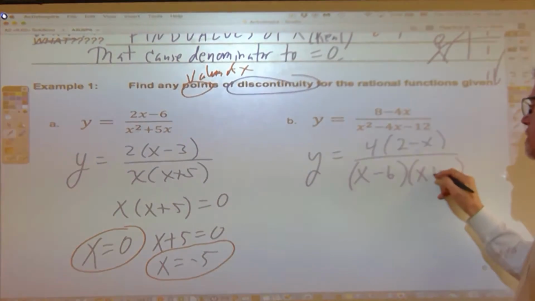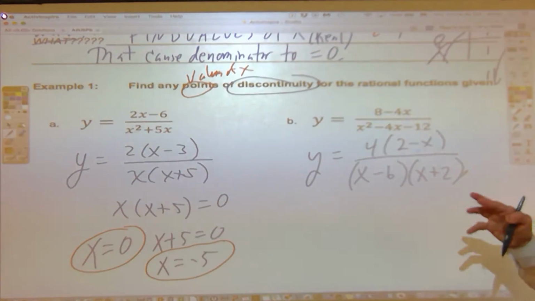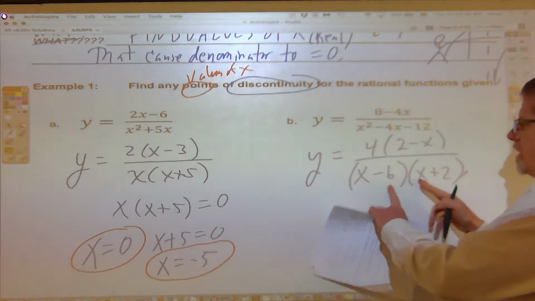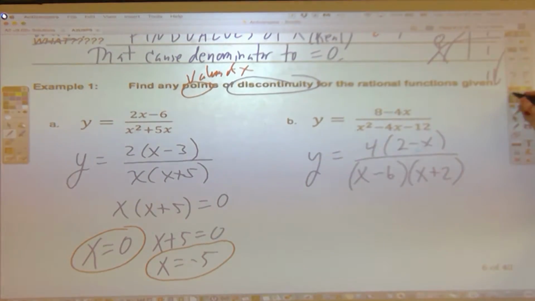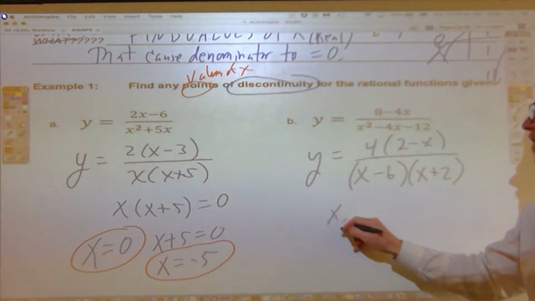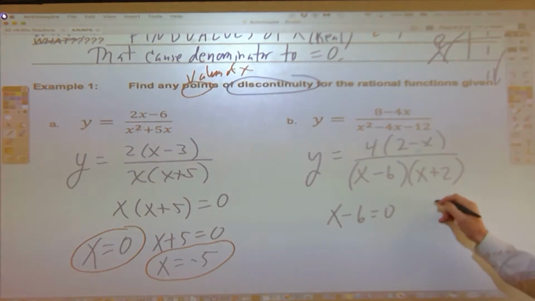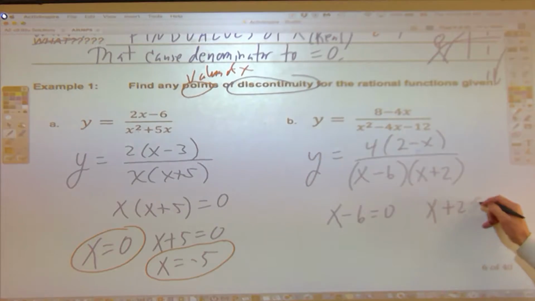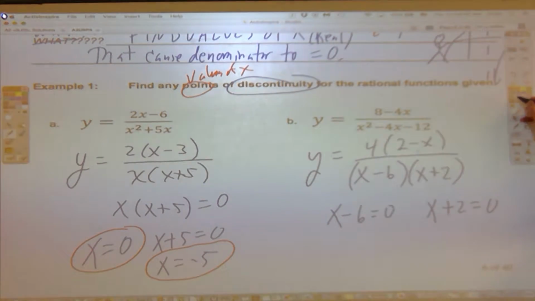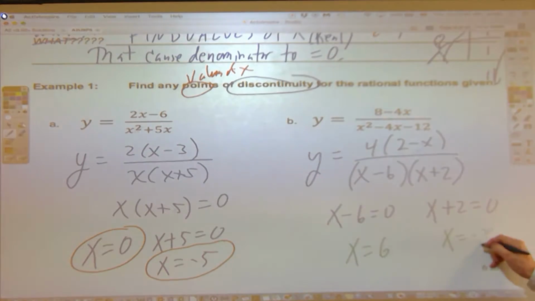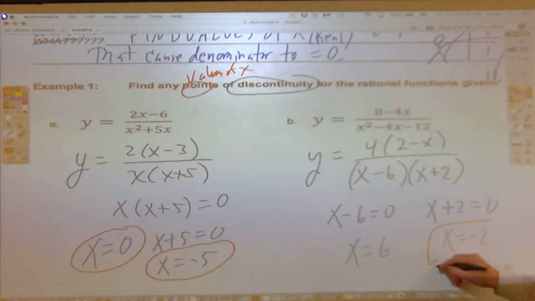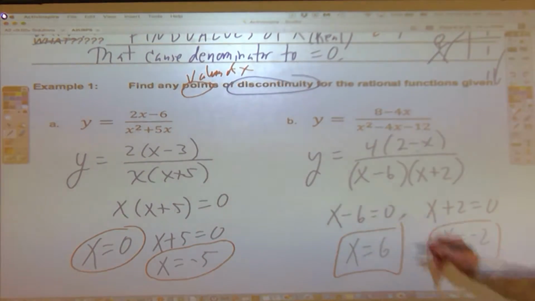So -6, positive 2, so sure enough, 2x plus -6x is -4x, we got it. So, go ahead and finish the problem. Find all the values of x that cause the denominator to be equal to 0. When you're done, take a peek up here, see if we agree. I've got the answers circled in red.